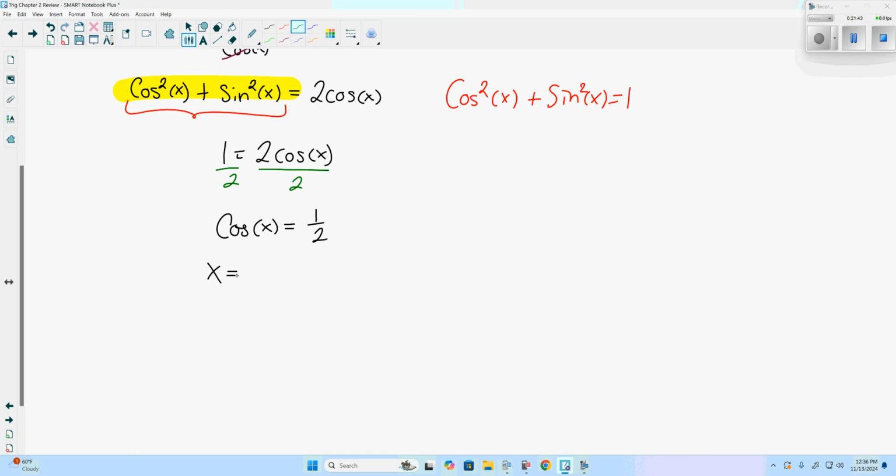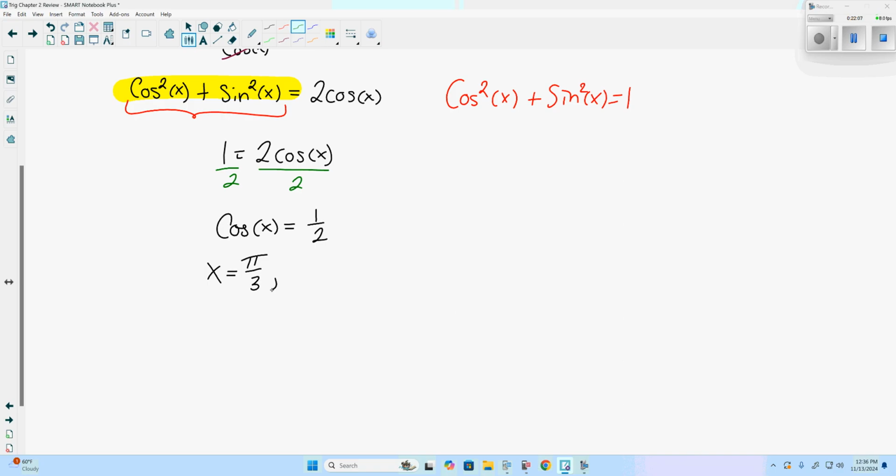And I know we can do our cosine inverse, but I just grabbed the unit circle, because using cosine inverse will indeed tell us that cosine of x equals 1/2 at pi over 3. But that's not the only value that gives us 1/2 between 0 and 2 pi.